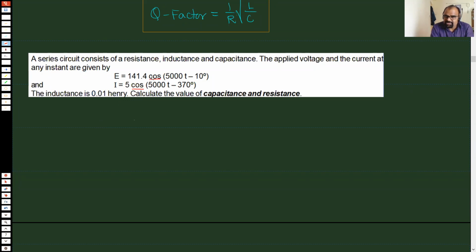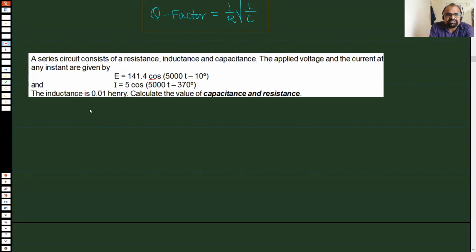Since both are cosine, we don't have to try to convert into sine. If one of them were sine and the other cosine, then we would have to convert both into sine or both into cosine. Only then you will come to know the phase difference. But here both are cosine, so this phase minus this phase gives the phase difference, which is 360 degree in this case.